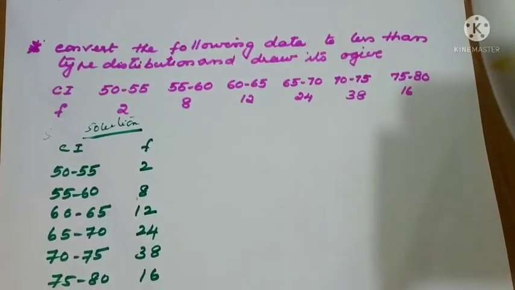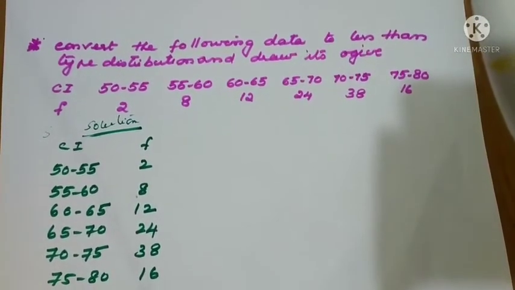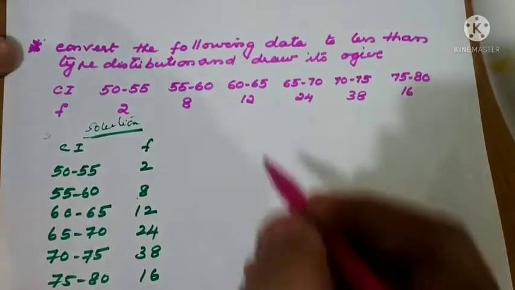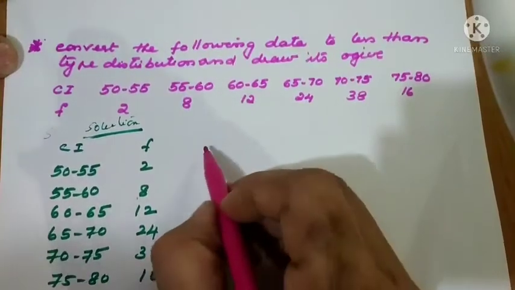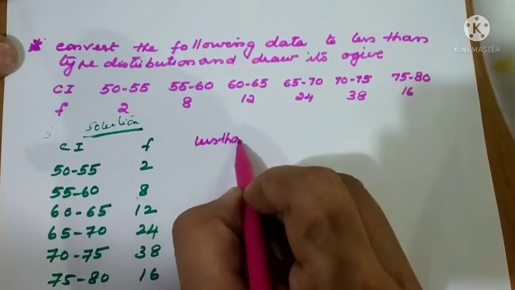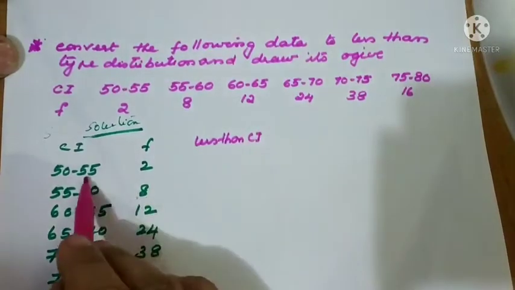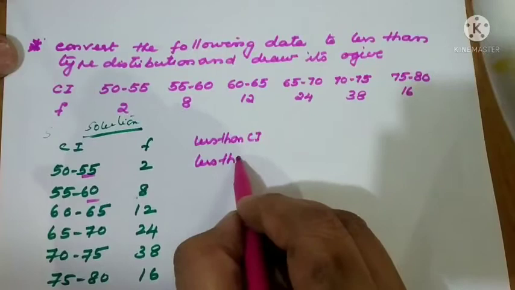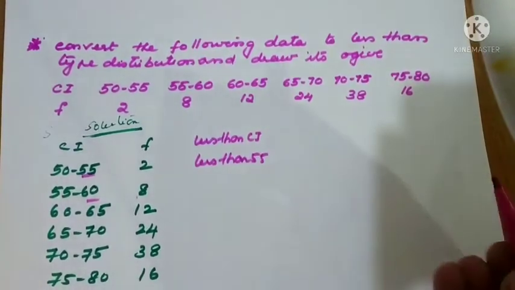Now CI is written. What is the next step? F and CF we also have to write. So CF is the next column. Before that one more column we should write. Less than method means less than CI. Less than CI means we should take down upper limit. So I'll start once again with less than 55. Then what is the next step?